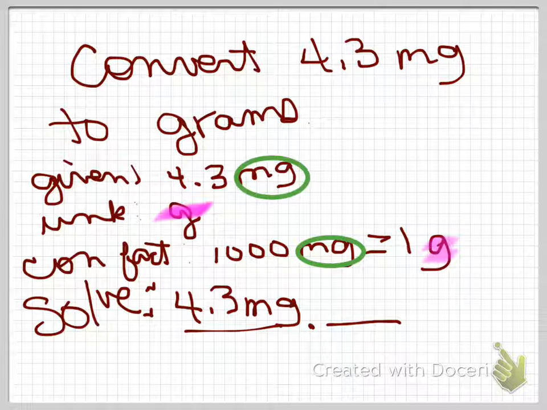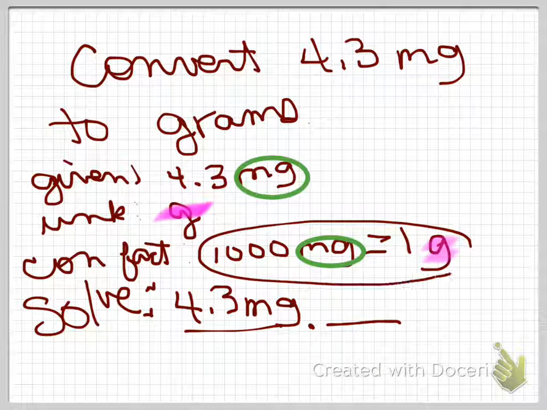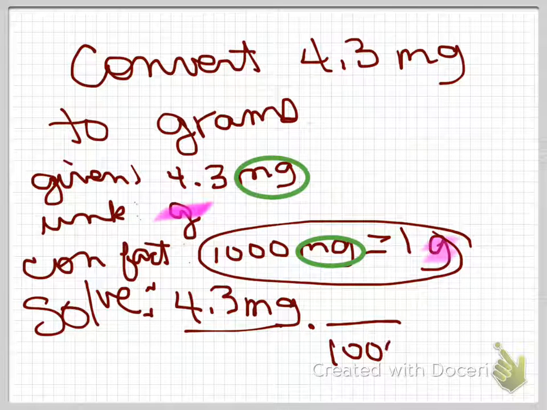I can only get things to use from my conversion factor section. So I'm going to say 1,000 milligrams, 1 gram. And notice now my milligrams on top and bottom are going to cancel each other out. They're going to divide away to be 1.